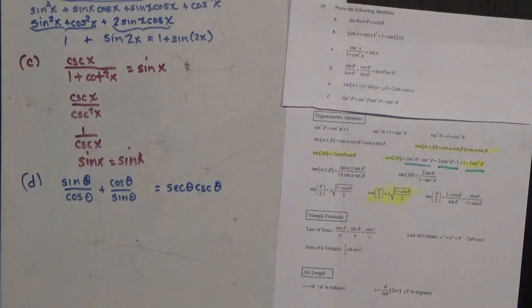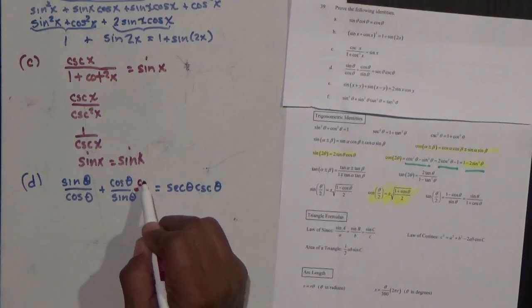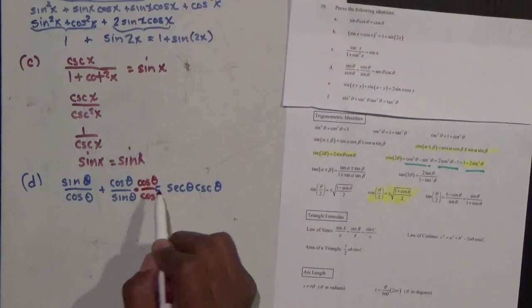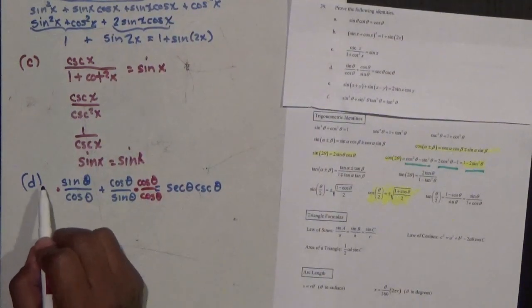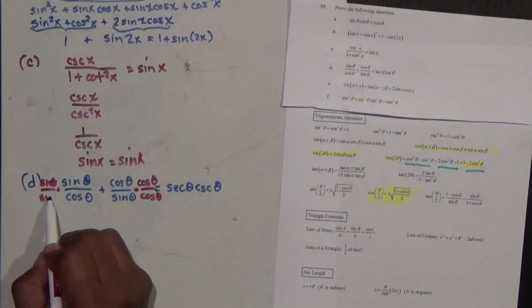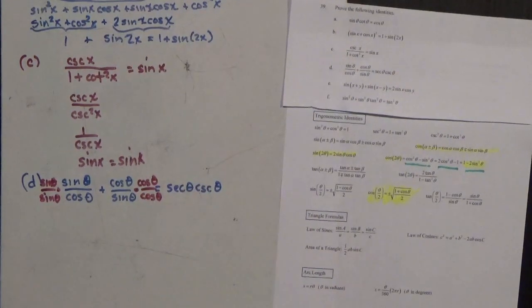All right, so first things first, I need to get this plus out of there. I need to bring these two things together. I'm going to multiply this one by cosine theta over cosine theta, and I'm going to multiply this one by sine theta over sine theta. The reason I do that is because I need like denominators.